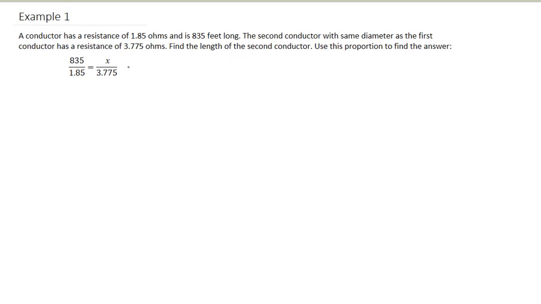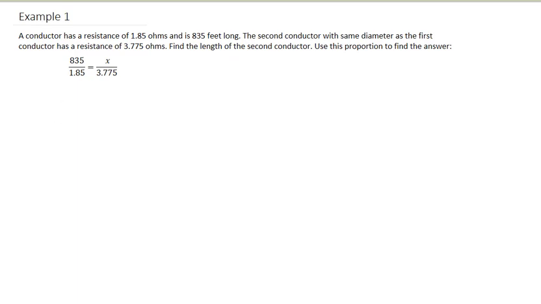Find the length of the second conductor. So we're going to use this proportion to find the answer. We can see that the length is proportional to the resistance. And so we need to solve, when you have a larger resistance, what does the length have to be?